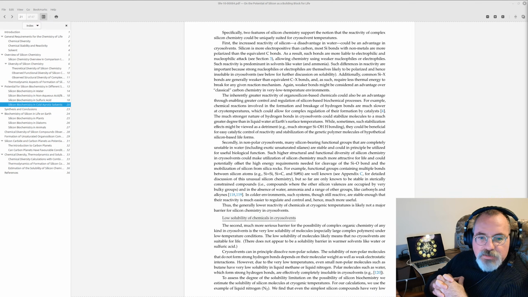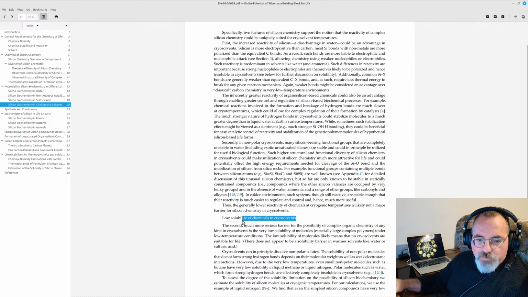Last time I had to stop almost at the end of that, and the bit that is relevant and that we will continue to read is the low solubility of chemicals in cryosolvents.